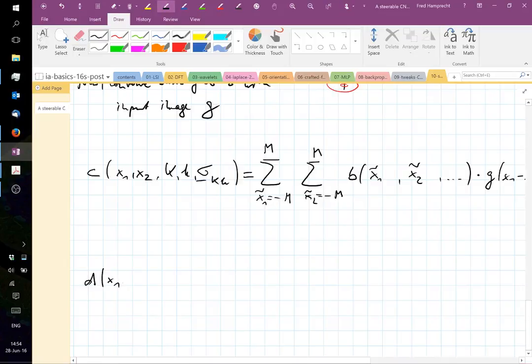So I'm using d of x1, x2, again d just because it's the next letter in the alphabet, and I'm now using some weight indexed by K and L, and I'm multiplying this with these images that we have just produced.